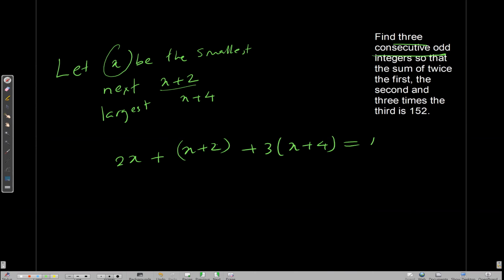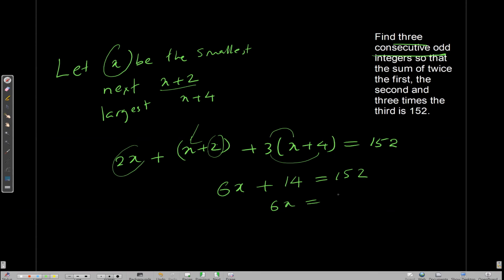Now we are done. It is 152. So 2x plus here x and here 3 times x, 3x. So I have 6x plus here I have 2 and here I have 12. So 14 equals 152. So 6x is going to be 152 minus 14.